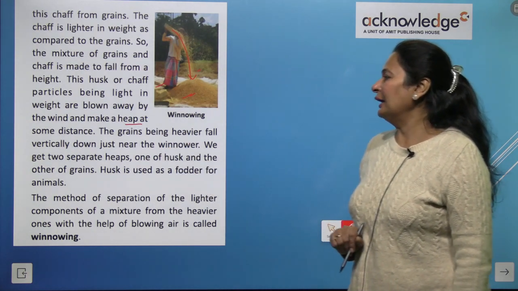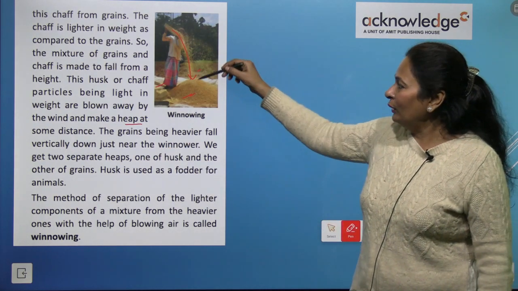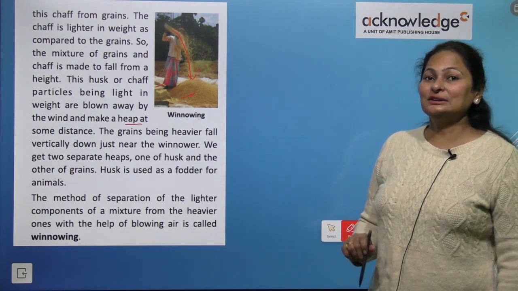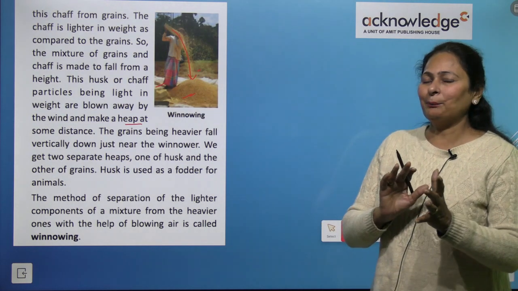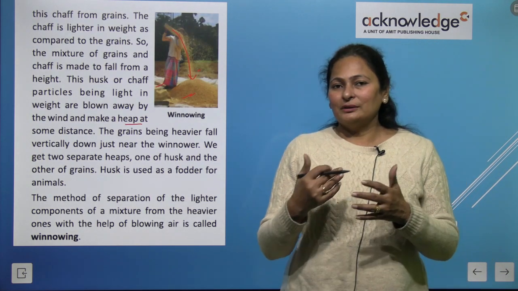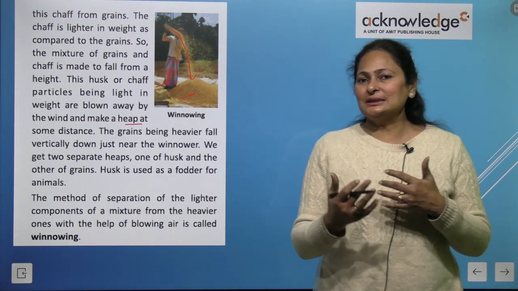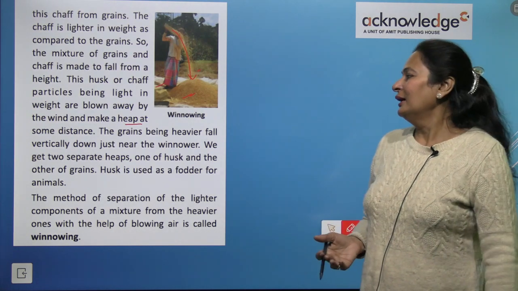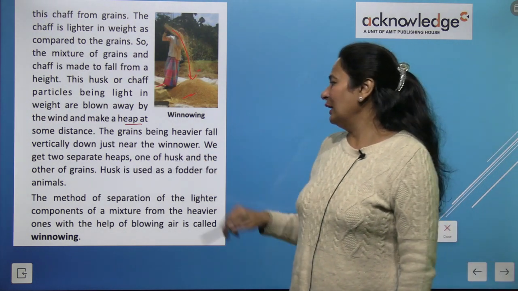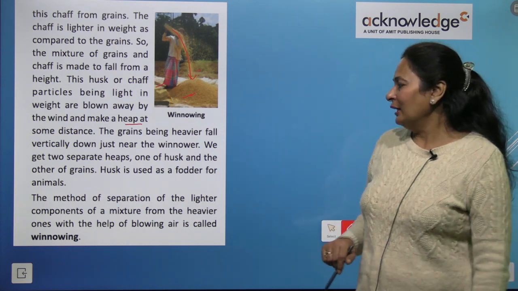The grains, being heavier, fall vertically down just near the winnower, right? We get two separate heaps, one of the grain and the other of the husk.